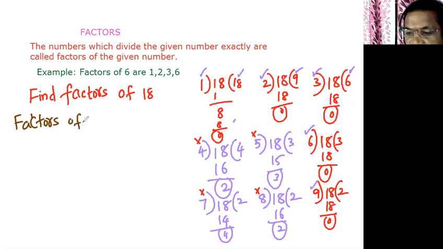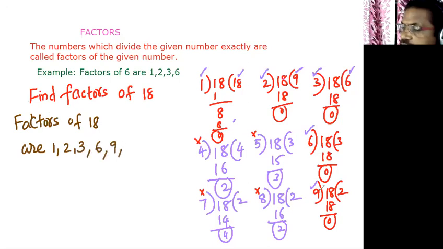Factors of 18 are 1, 2, 3, 6, 9, 18. These are the factors.